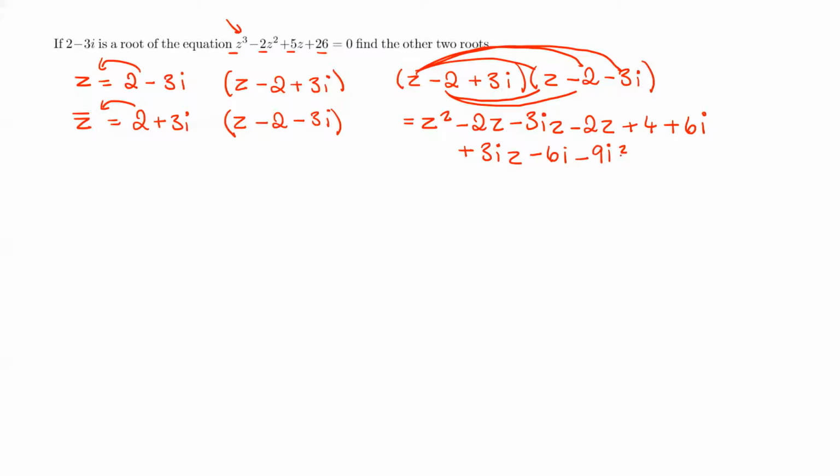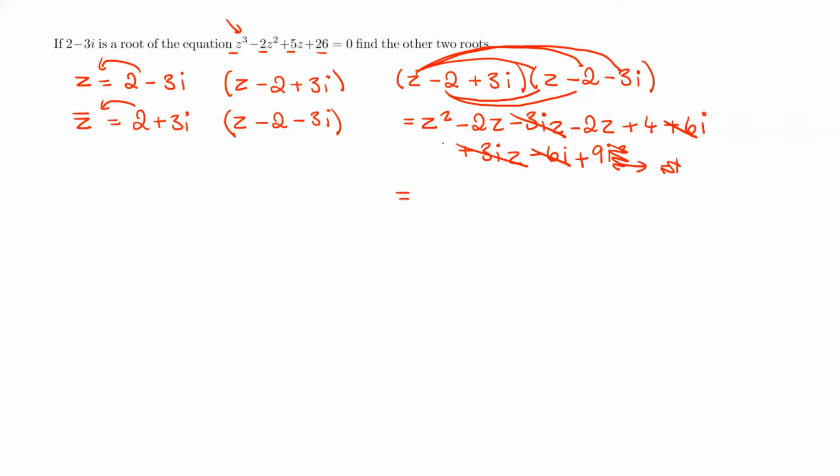Okay, so let's see if we can simplify this long equation down anymore. So we see here that the 3iz cancels out the minus 3iz, the minus 6i cancels out the plus 6i, and that i squared, guys, you should remember i squared is always equal to minus 1. So what we can do is scribble out that i squared, and it'll be minus 9 times minus 1 will give us plus 9.